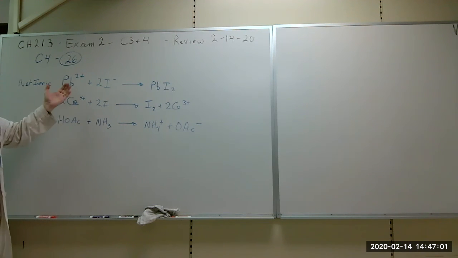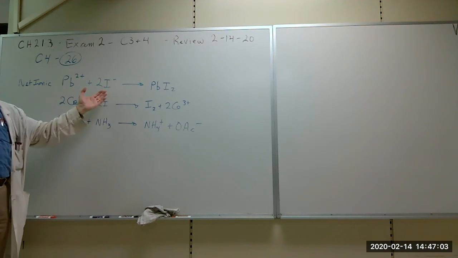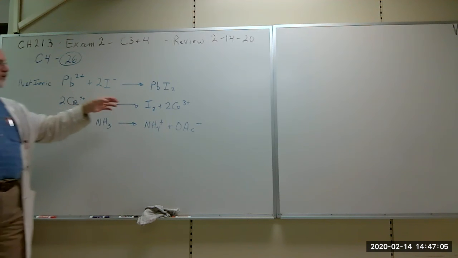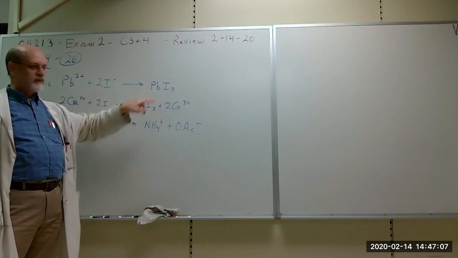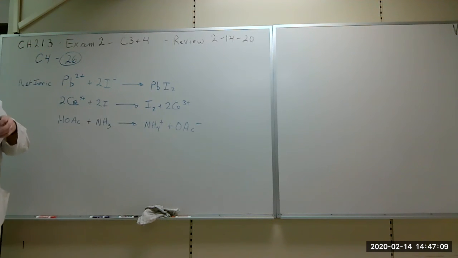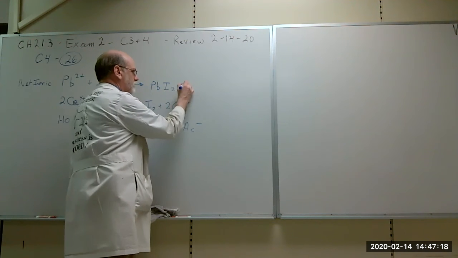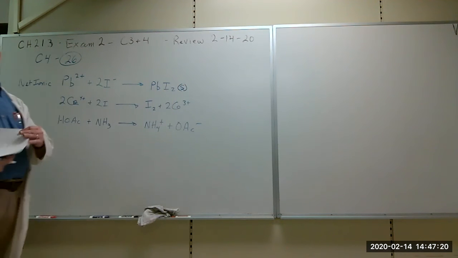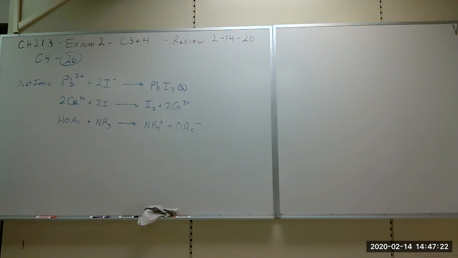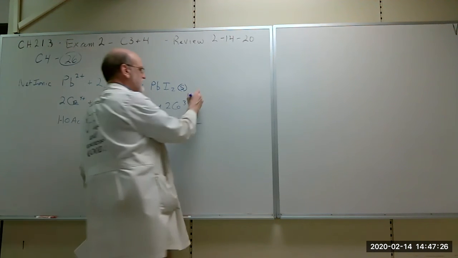There's no anion for this one, there's no cation for that one. And then you have to say, what is that? PbI2. You look up on that chart here, lead and iodide, you'll find that this is a solid. Okay? So that means that this is a precipitation reaction.